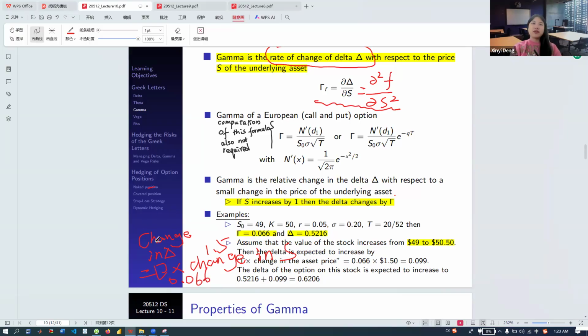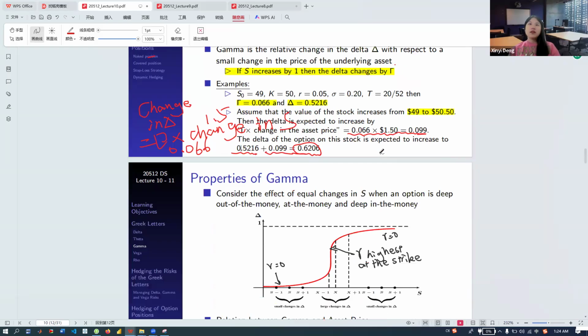So we can calculate the change in delta accordingly, as also written here. That's 0.066 times 1.5, which is equal to 0.099. And the delta will now change from 0.5216 to 0.6206. You just add the change to the original delta, and then you get this new delta.